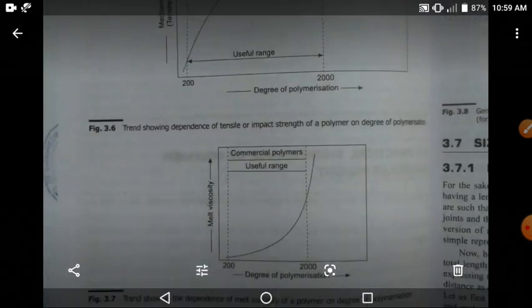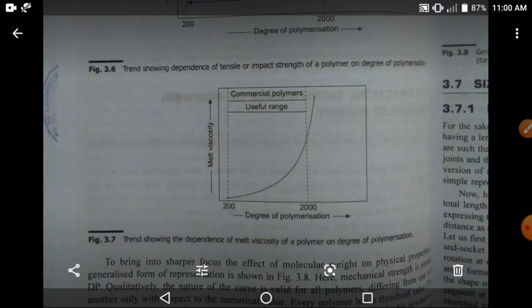Second, the trend showing dependence of melt viscosity of a polymer on degree of polymerization.